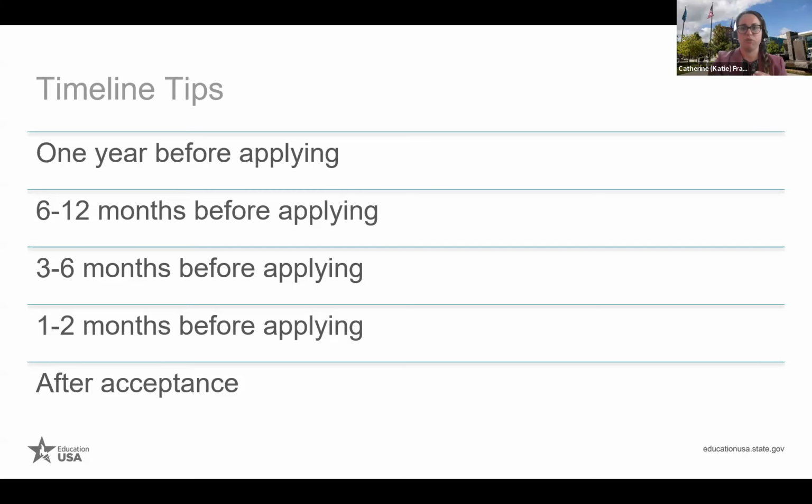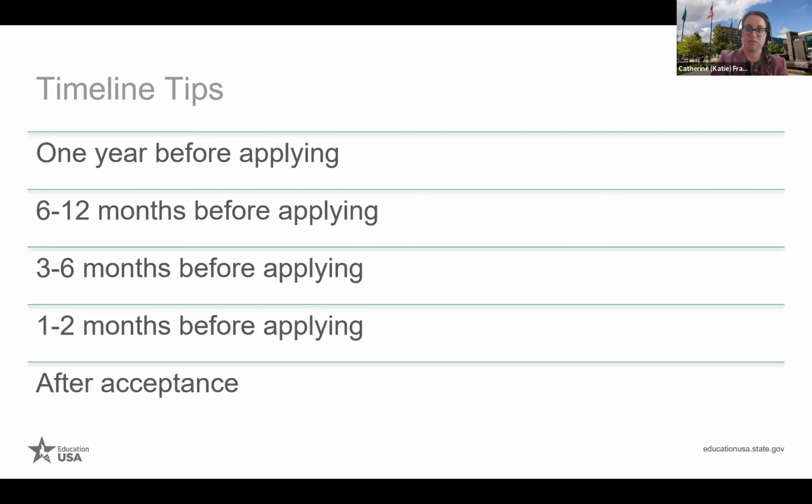So the one year before is kind of general. You're figuring out eligibility and deadlines, looking maybe at college fairs. Between six to twelve months, you would be contacting professors, departments. Maybe if you have specific research goals, you actually inquire and ask about potential research assistantships or opportunities.